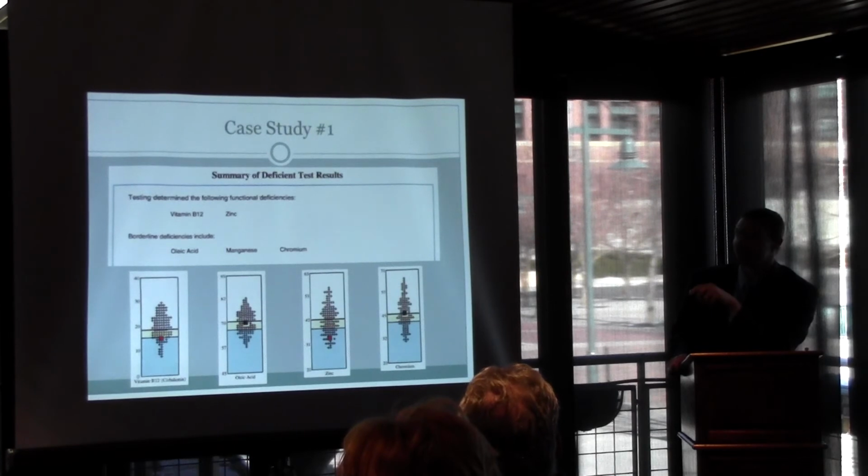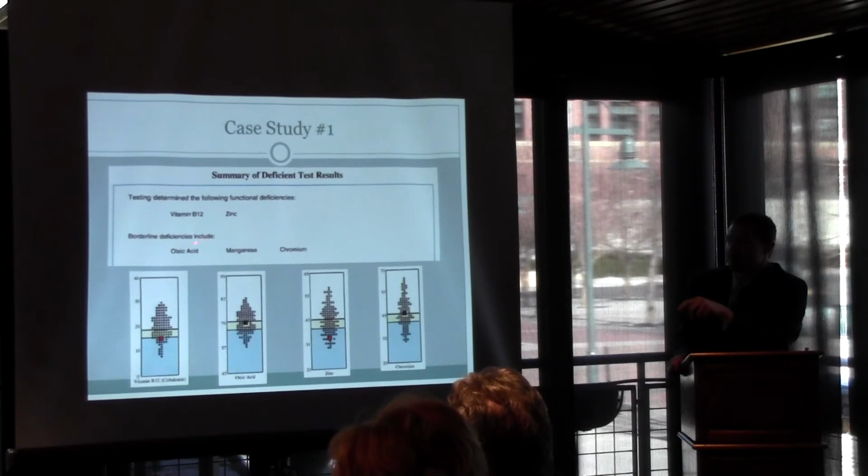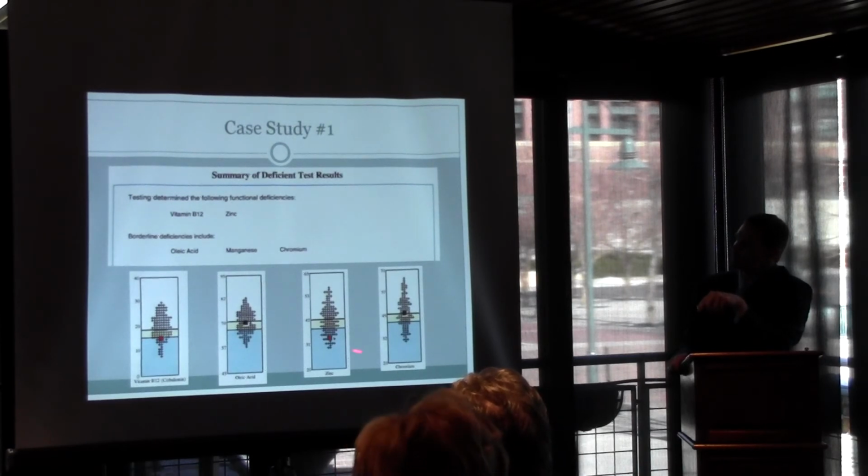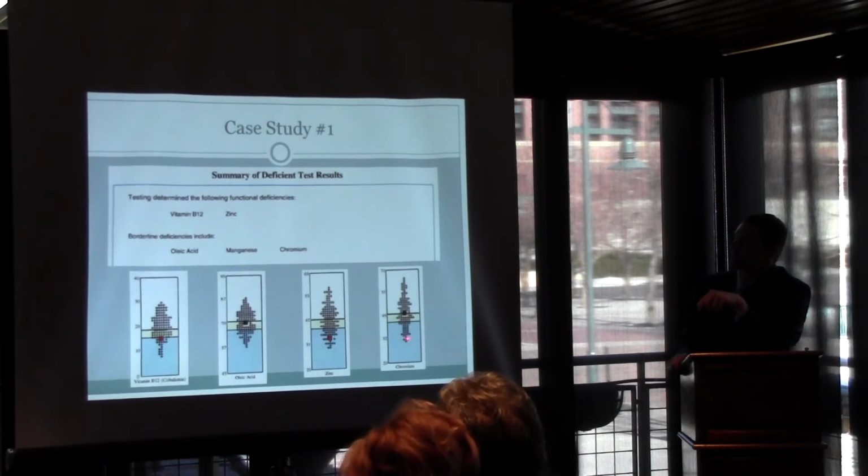Those are relevant. If the patient has a breakdown in their biochemistry somewhere where that nutrient is relevant, you've got to address that, whether it's in a marginal state or not. So make sure you tell them you want borderline deficiencies noted on the initial page so patients begin to clue into that. But what we've got: B12, zinc, oleic acid, and chromium.